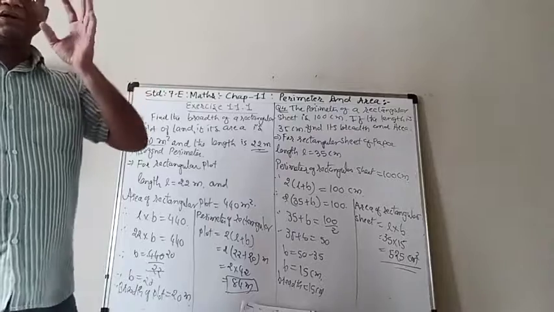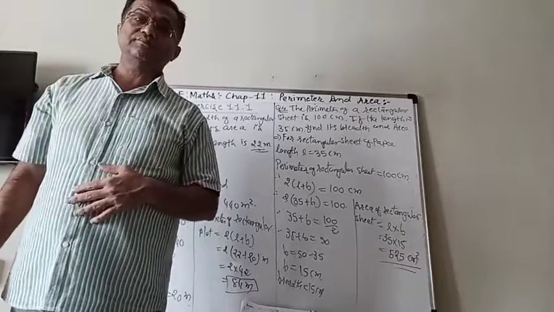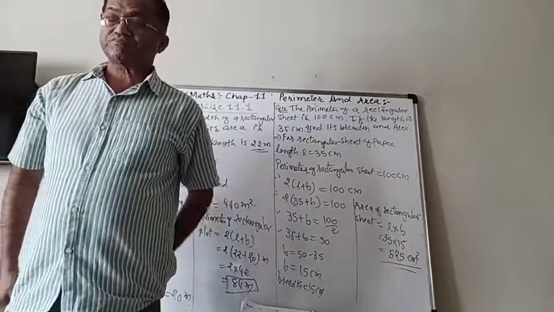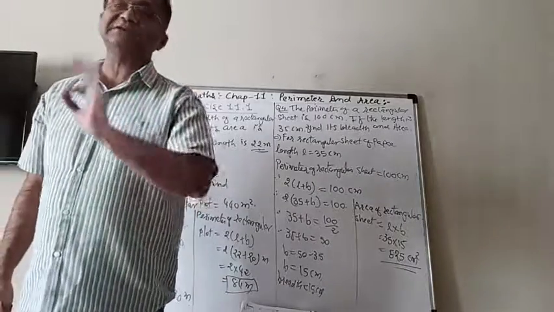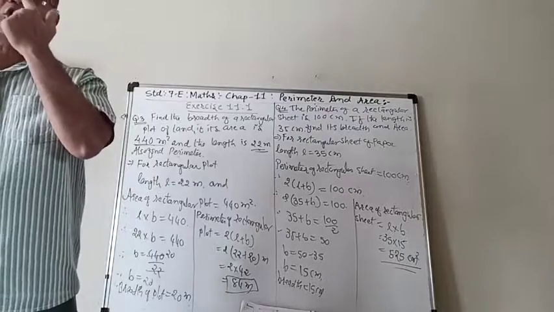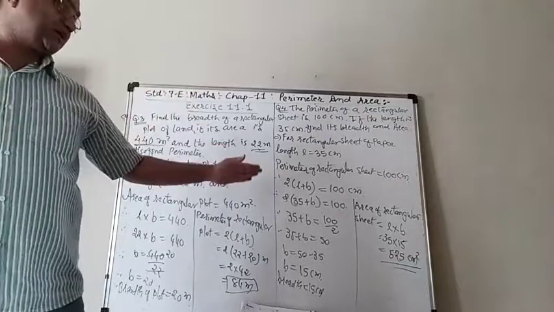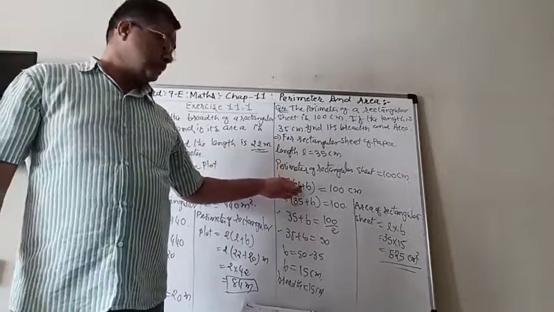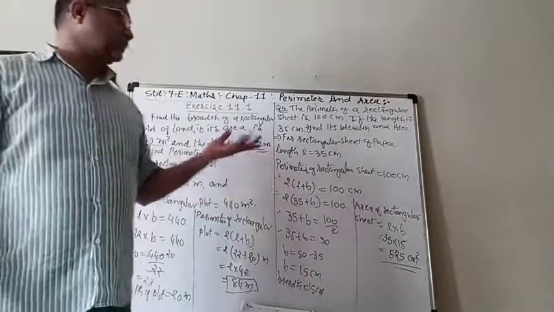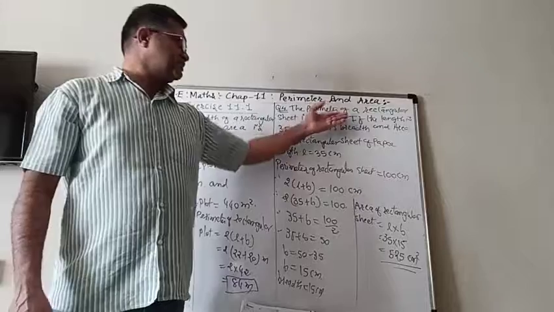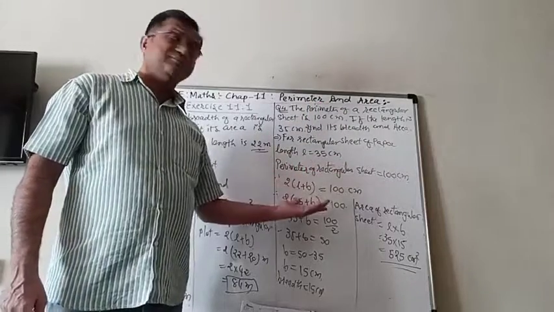So now let me tell you again that this chapter is a formula based chapter. So all the formulas that we are using, if you don't have them in mind, you won't be able to do the sum, because perimeter is given, but what is the perimeter formula?